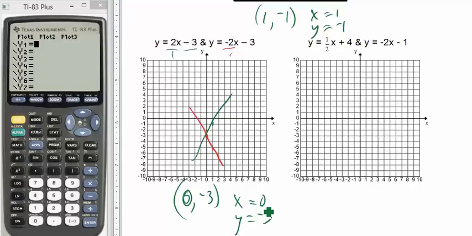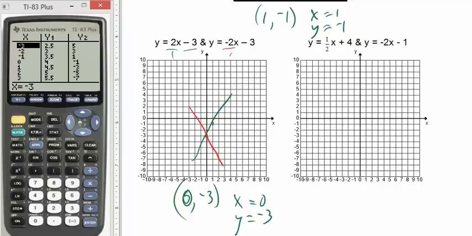You can go ahead and do it that way, or you can graph it on your own, which will probably come out evenly and be nice and easy, or you could throw it into the calculator. 1/2 x plus 4 and -2x minus 1, and go into the table and find on the table where the 2 points are the same. Okay.